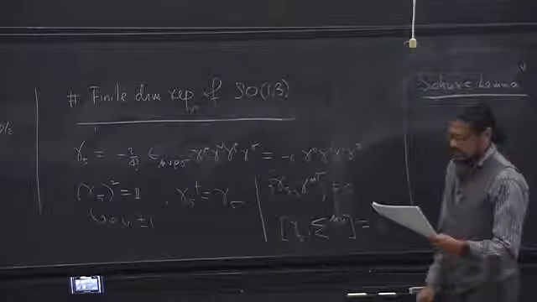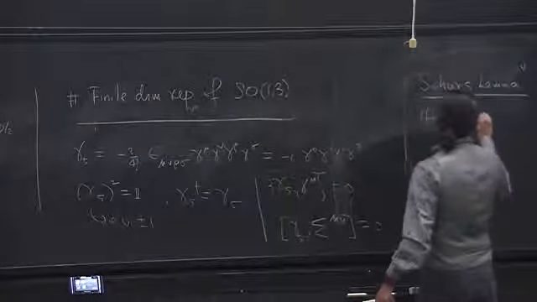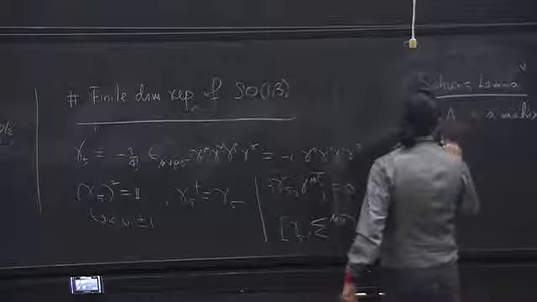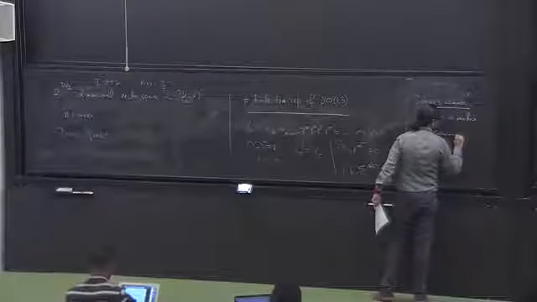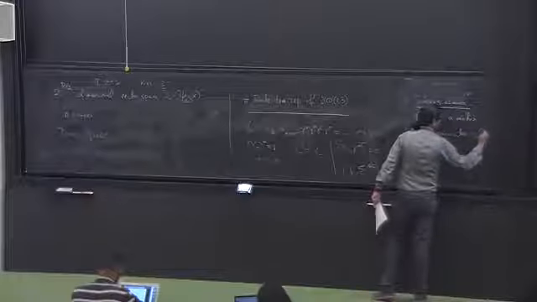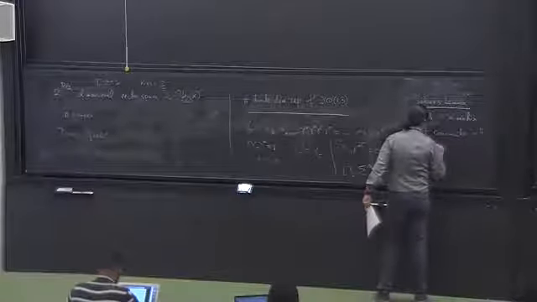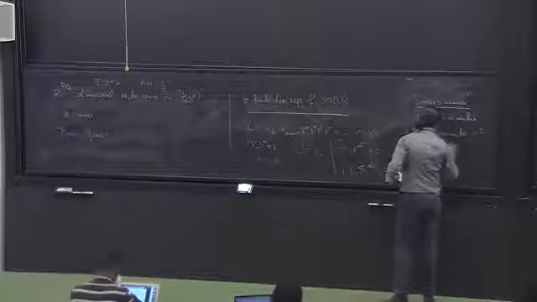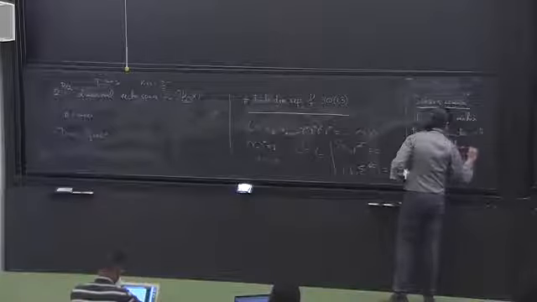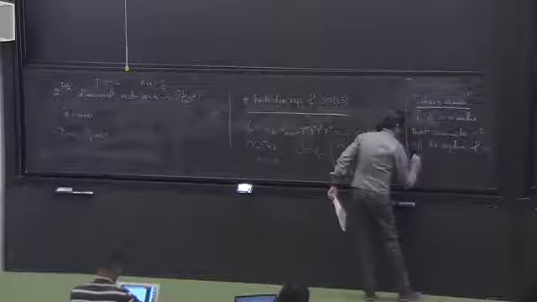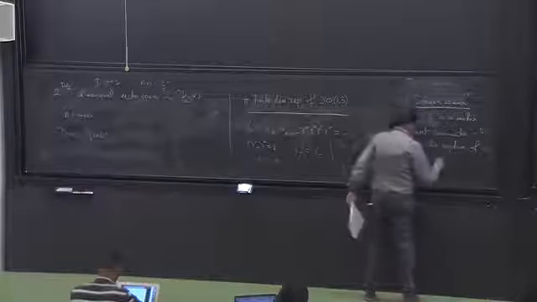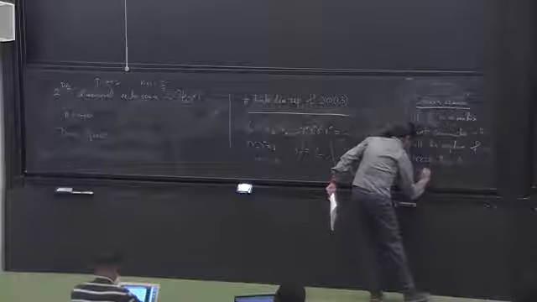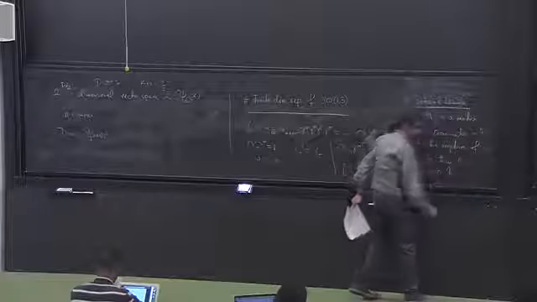And Schur's lemma tells you that if A is a matrix that commutes with all the matrices of an irreducible representation, then A is just proportional to the identity.